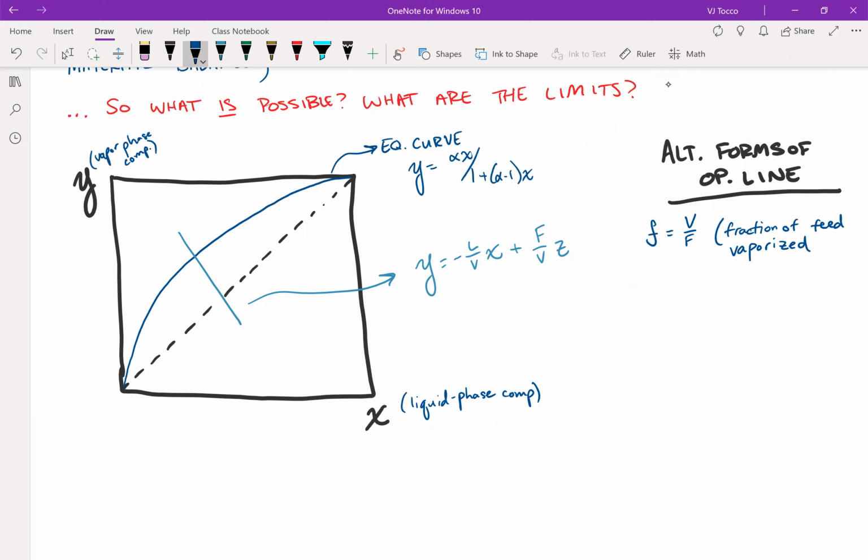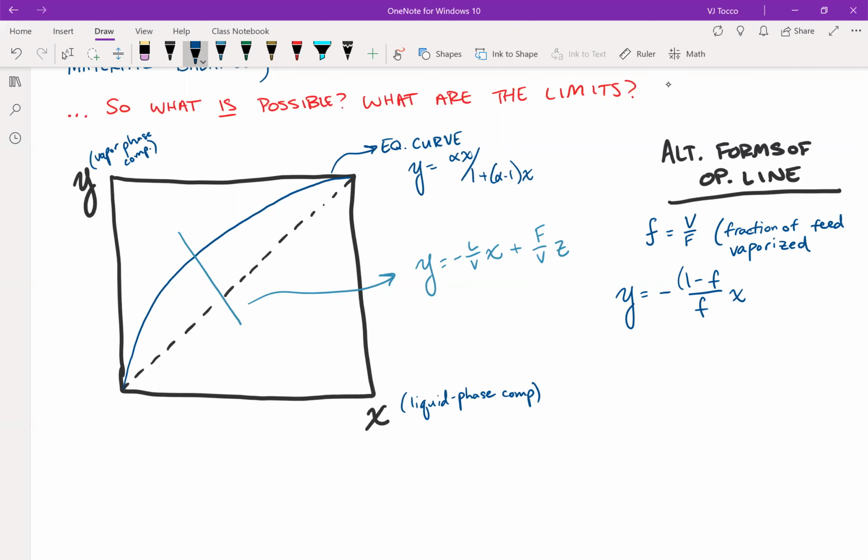And by using this definition of the variable combined with the overall material balance, you can obtain the following form of this equation. So say instead of knowing what L and V are, you knew what little f was, the fraction of feed vaporized, you could also write the equation like this. You could also show this yourself with just a little bit of algebra.